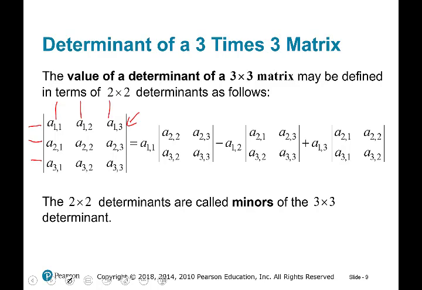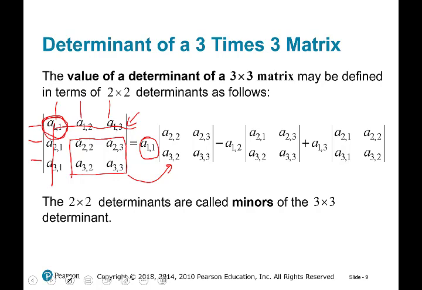Okay, so what you do is that you take the first element here, that's A1, and you get this matrix, that's the one that you see here. Basically eliminating the row and the column that intersects with A11.